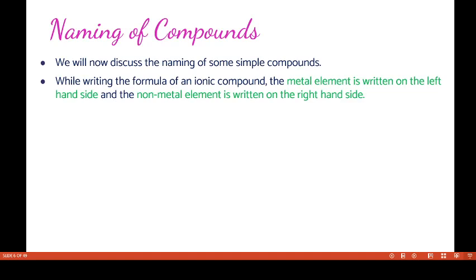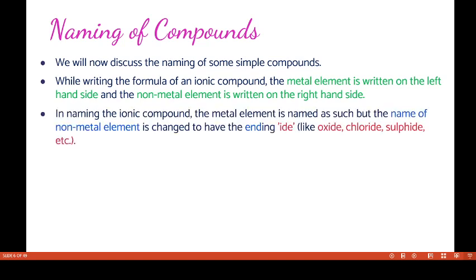While writing the formula of an ionic compound, the metal element is written on the left hand side and the non-metal element is written on the right hand side. In naming the ionic compound, the metal element is named as such, but the name of a non-metal element is changed to have the ending IDE, like oxide, chloride, sulfide.